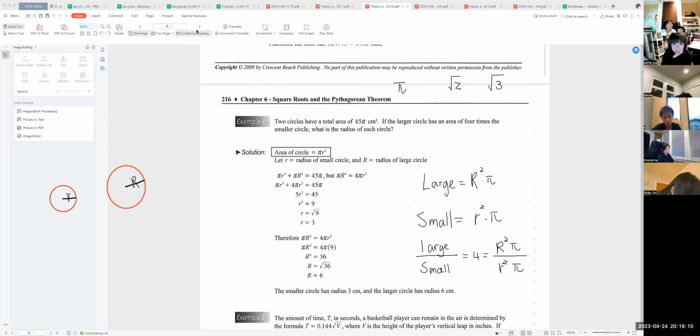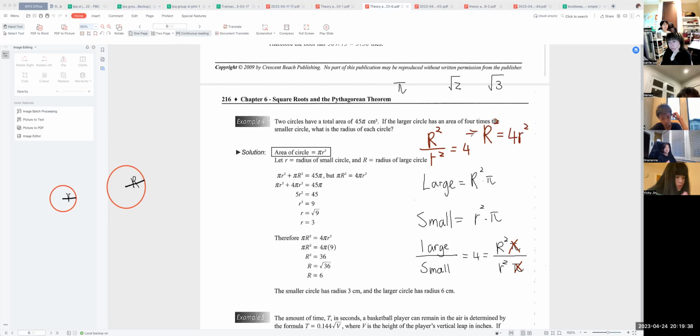So can we get rid of something? We can get rid of pi, because pi divided by pi equals 1. So R squared over little r squared equals 4. So everybody, how do we do this? We know R squared equals 4 times little r squared.